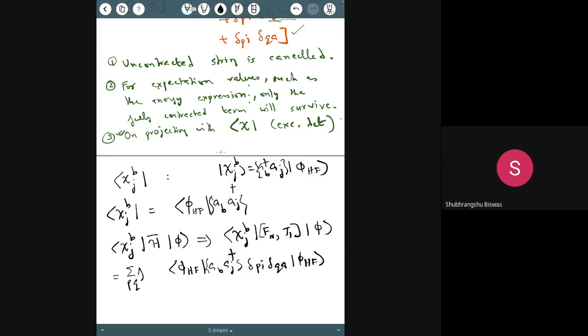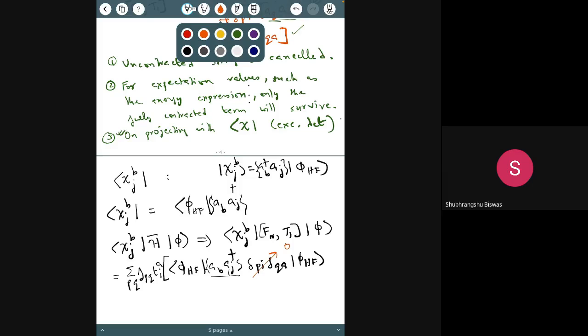Sum over PQ, F_PQ, T_IA. Here you see that you have an expectation value and you have an excitation operator in the middle. So this is certainly 0, because A_J dagger acting on phi Hartree-Fock will annihilate phi Hartree-Fock, because you cannot create in an occupied orbital. So this is 0.